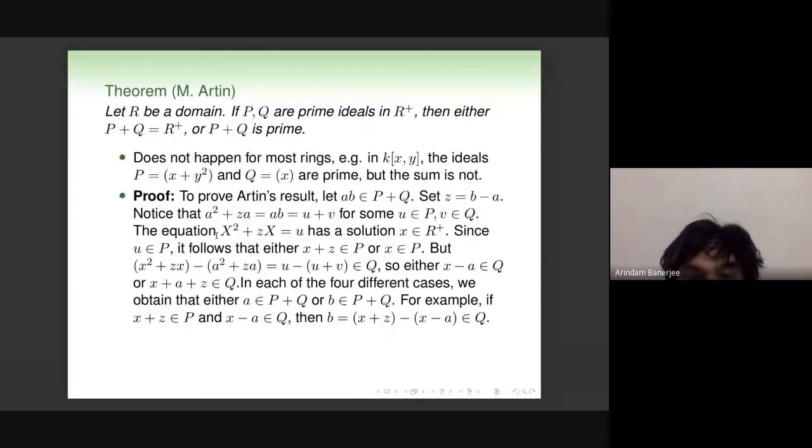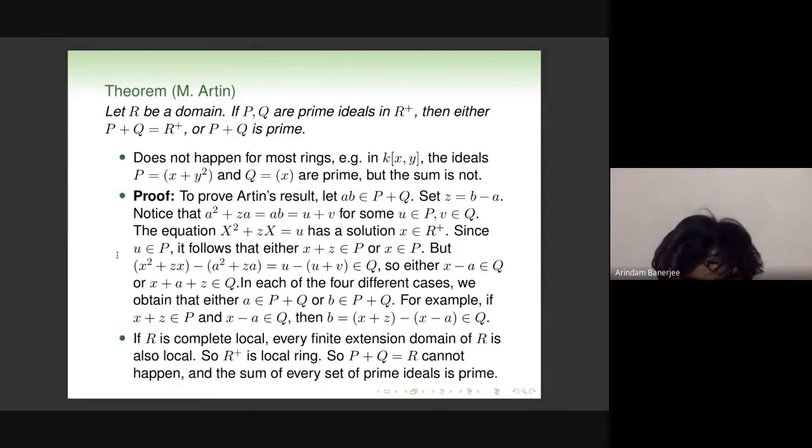I'll come to that later. So this is the proof of this result. Is the proof okay? Any question on this particular result? No question? Okay. Let's go to the next one.